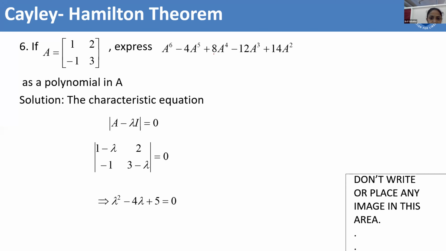Okay, so we have to express this question as a polynomial of A. So all of you take this question. Have you taken this question? All of you write down the question.